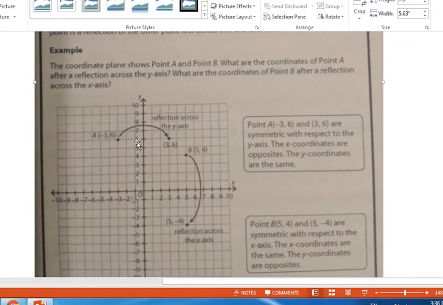Of x, because here 3 is the x-coordinate, so 3 differs from here with the sign, which is negative here, and it changes to positive. So point A, -3 and 6, and point B, 3 and 6, are symmetric with respect to the y-axis. The x-coordinates are opposite.